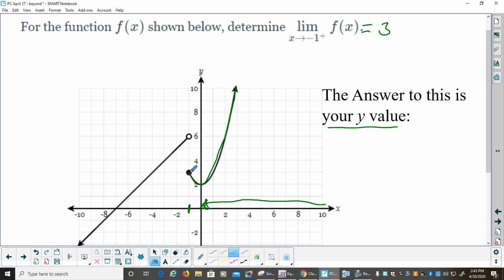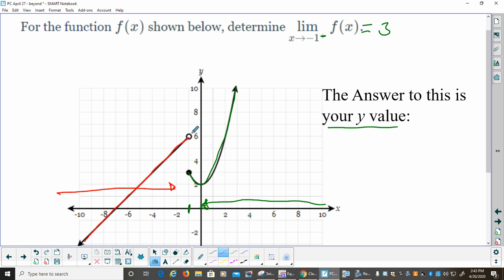I know that this has a closed circle and that has an open circle. I'm just going to stick with this one for a second. If I change this to a -1, sorry, from the left, I apologize, I changed it to read from the left, I would be approaching -1 from the left side. As you come at -1 from the left, your y values are growing up to this value.